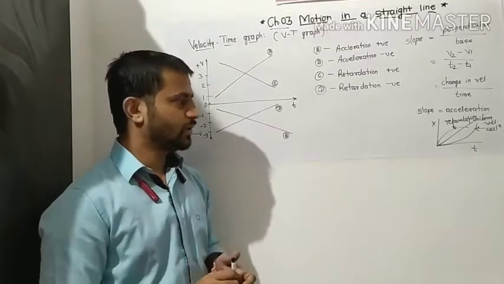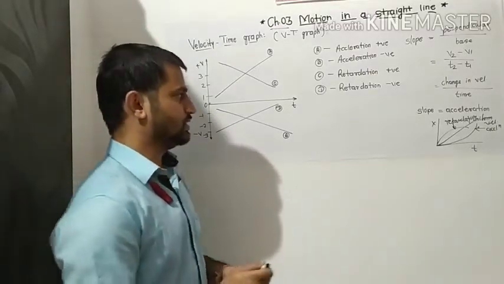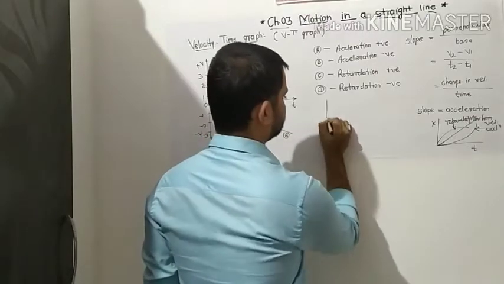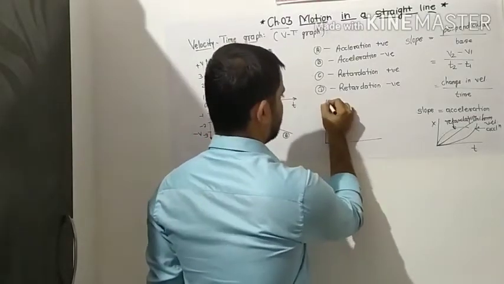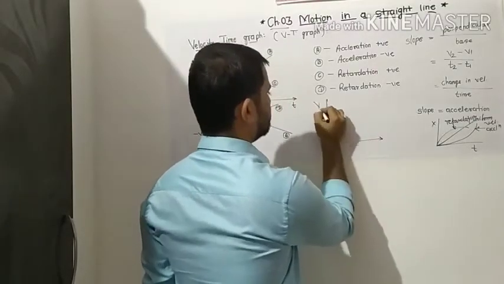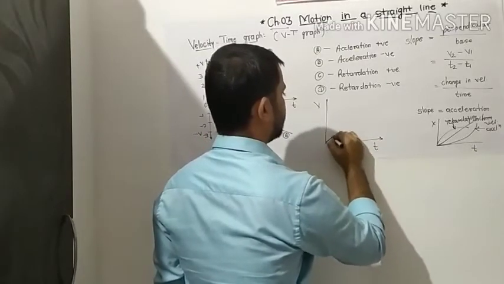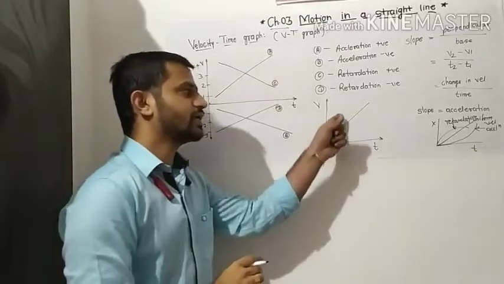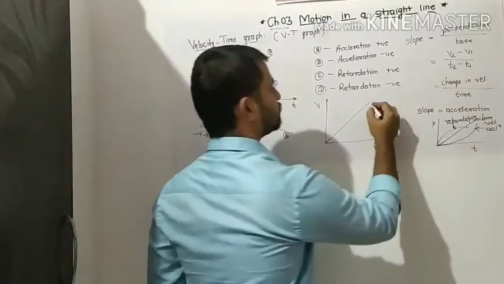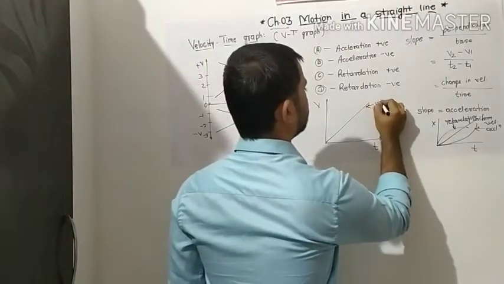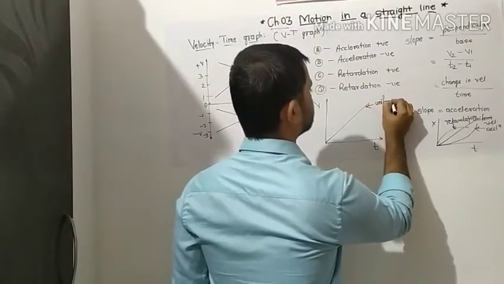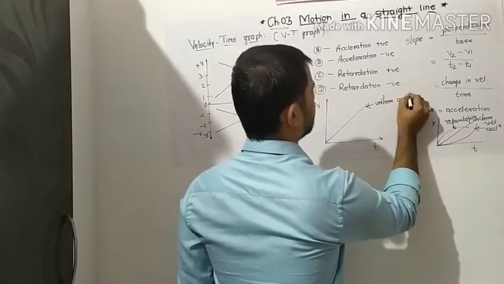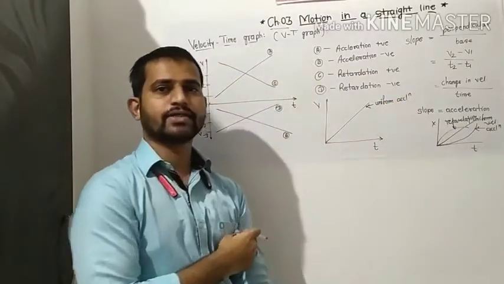Okay, so if we take one small summary of the VT curve, if this is the VT curve, then if we get a straight line, this straight line will indicate uniform acceleration.